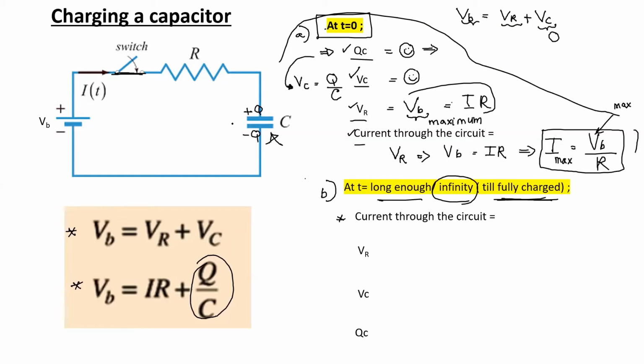Because there is a gap in the middle. And since these two plates are having the full capacity of charges, even charges will not move from this plate to this side or this side. So if you wait long enough till your capacitor is charged, the current through the circuit will be 0.